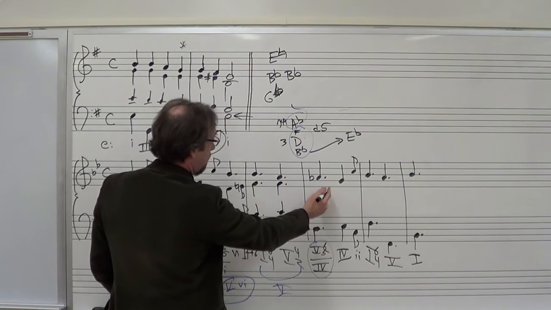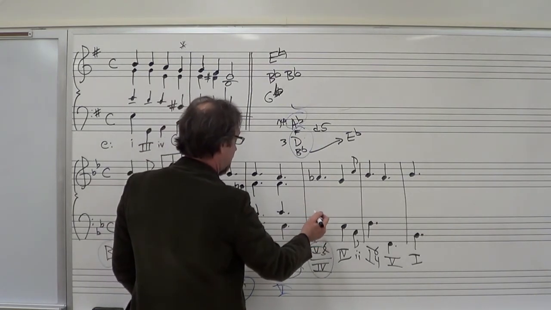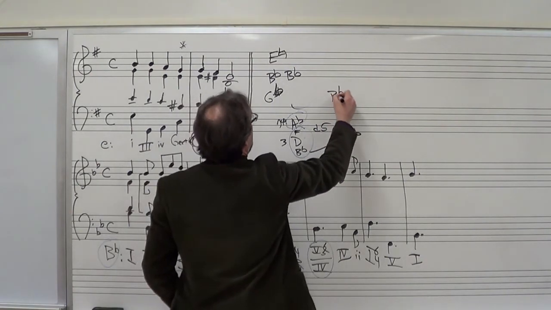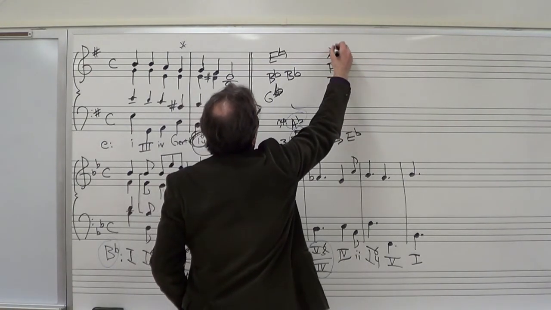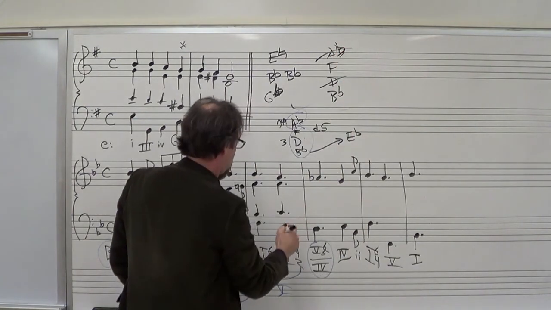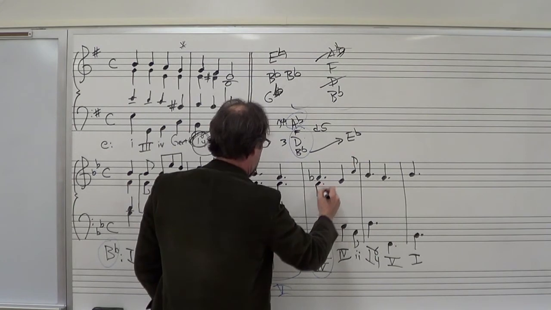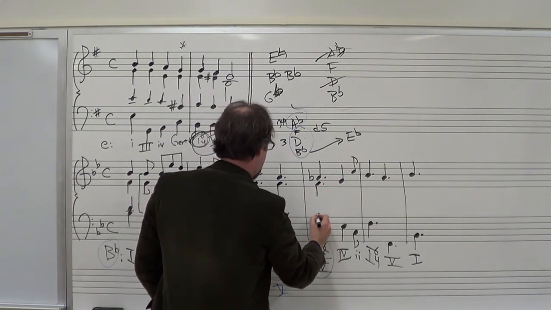Then here we need a B flat major minor 7, so B flat, D, F, A flat. We have the D, we have the A flat.